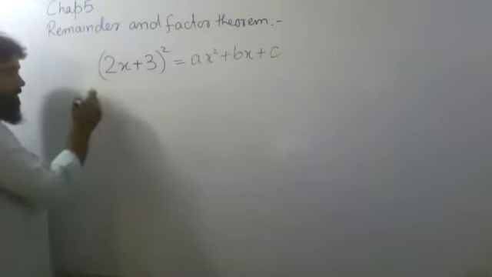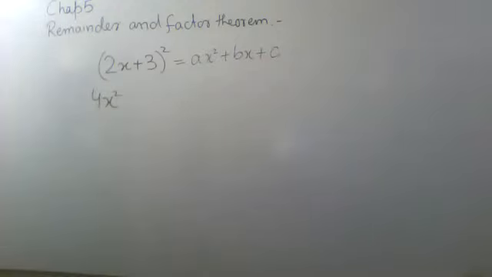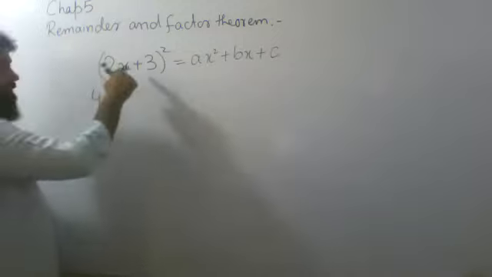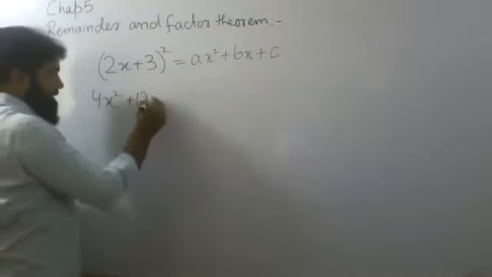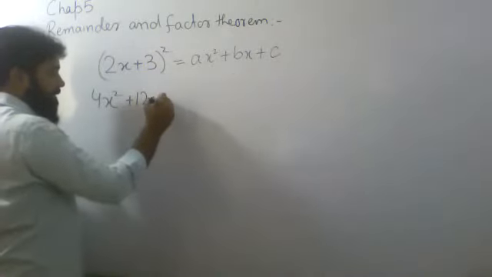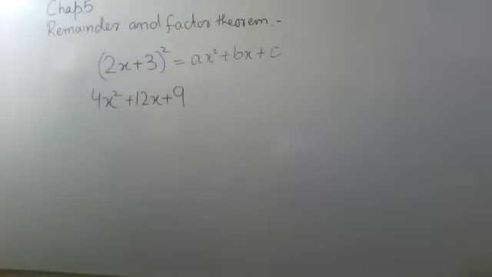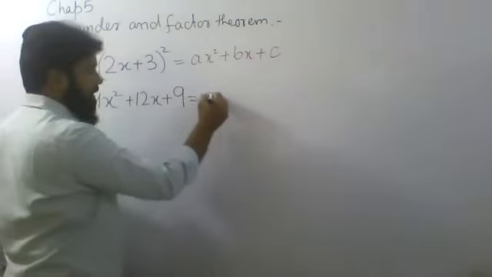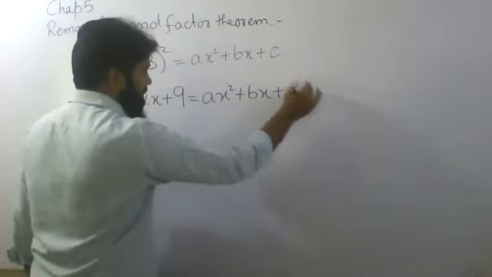So this will become 4x square. Then 3 2s are 6, 6 2s are 12x. Then 9 equals to ax square plus bx plus c.